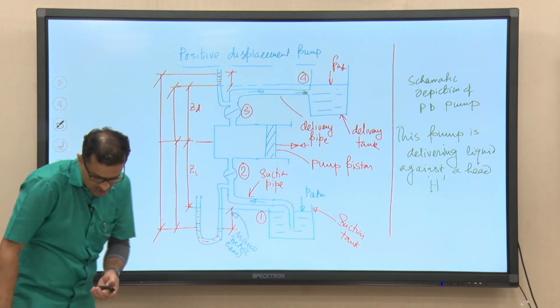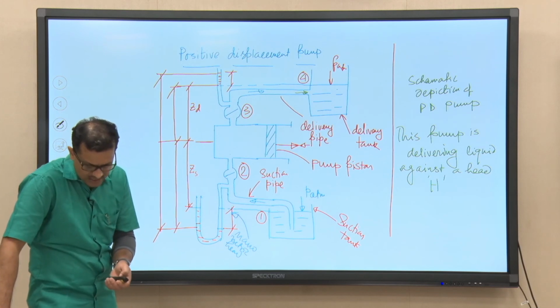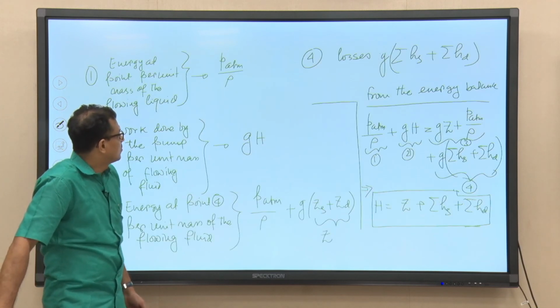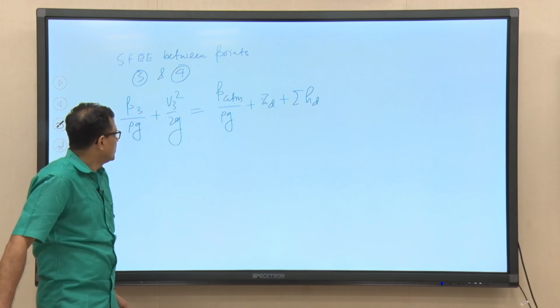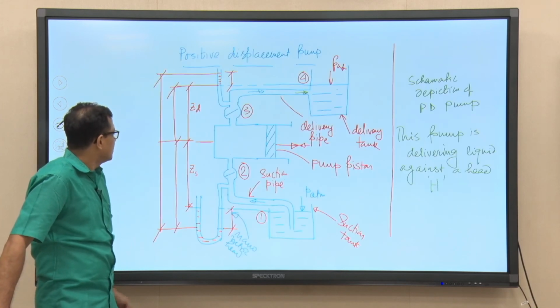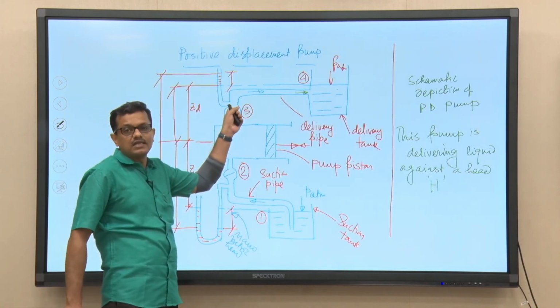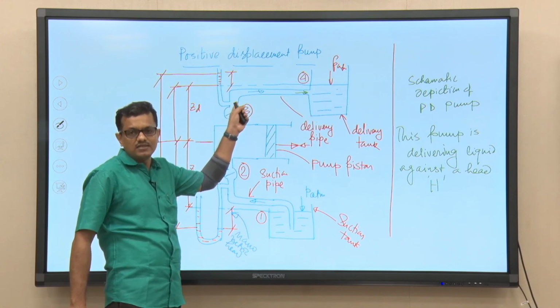If we ignore that height, it does not affect the analysis too much. Now what we need to know, if we go to the schematic again, is the pressure at point 3, and that is why we are doing this separate analysis.